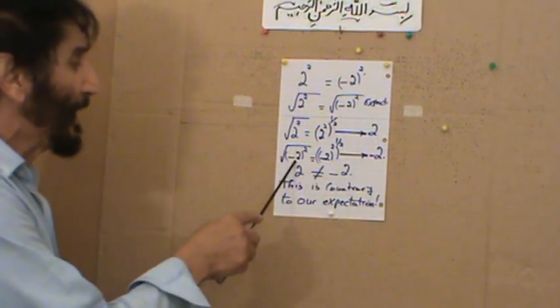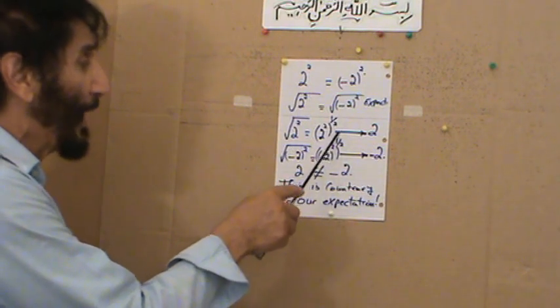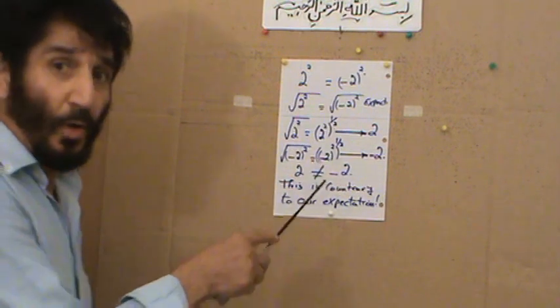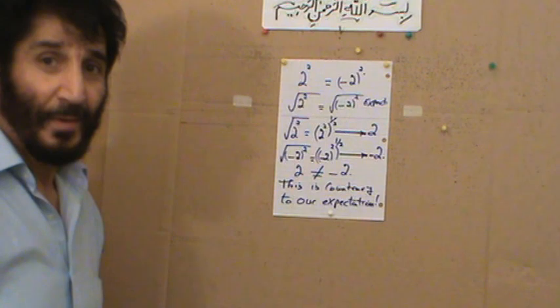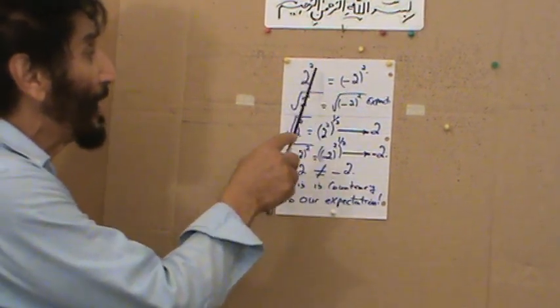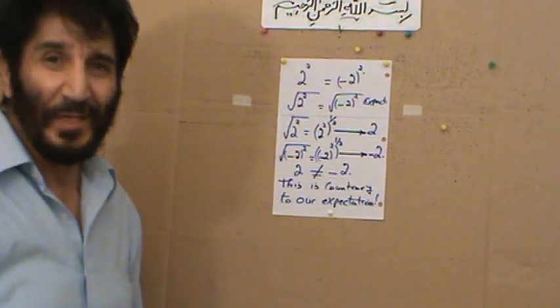Now look what happens when we write (negative 2 squared) to the 1/2. 1/2 times 2 is 1, and negative 2 to the 1 is negative 2, not 2. You follow me? So even though the two numbers were equal, their square roots did not end up equal.